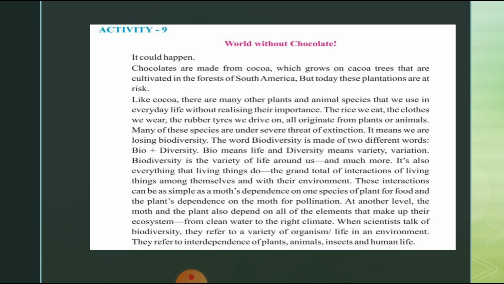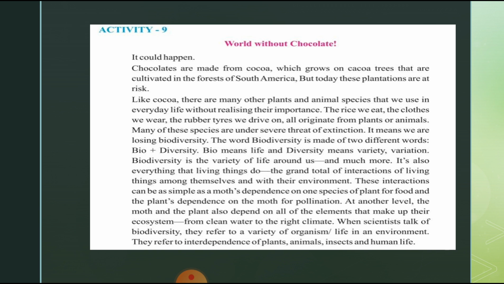They have explained nicely in this how the world would be without chocolate, if the cocoa plant goes extinct. In the same way, more plants and animals are also facing extinction. We have discussed biodiversity, that all are dependent on each other, that bio means life and diversity is the variation in life around us.